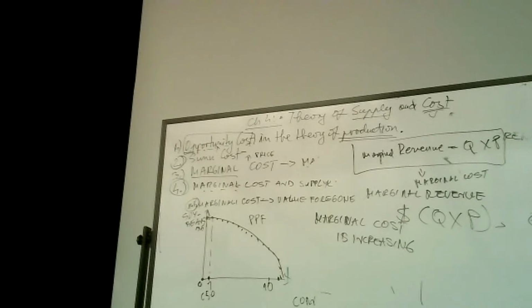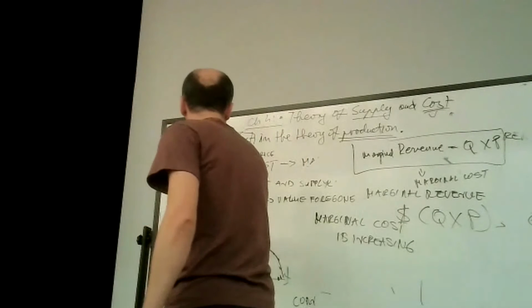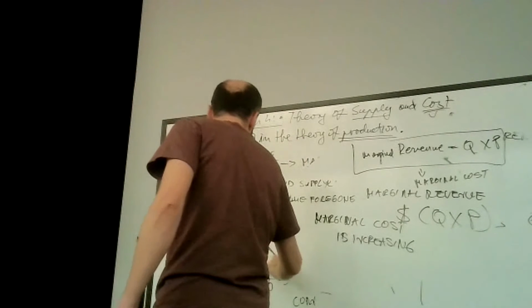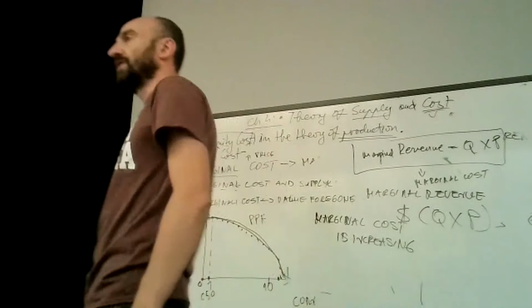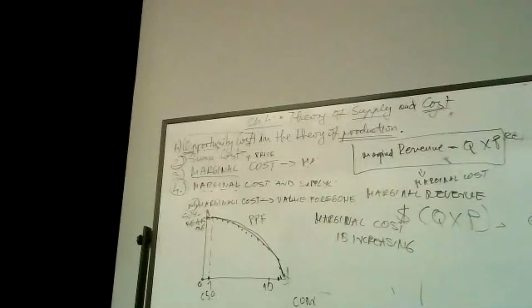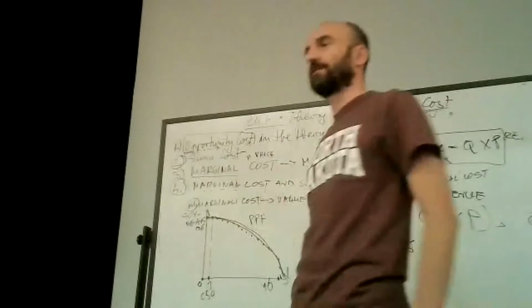And then as you go along, you will have to move the resources that are more and more essential for producing soybeans, and the cost of moving those resources is increasing. That is shown in the curvy shape of the production possibilities frontier. It's not a linear function. The opportunity cost is not linear. It's actually increasing.